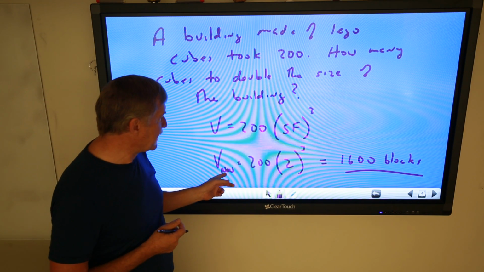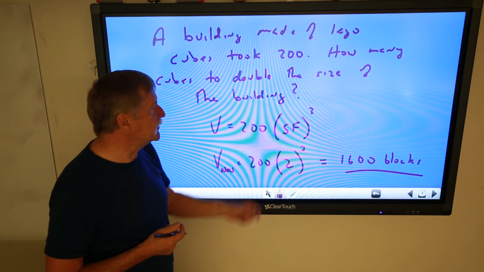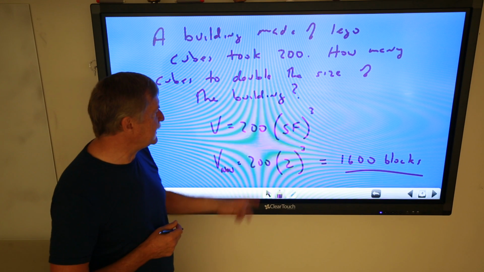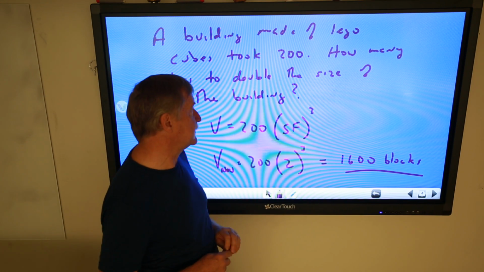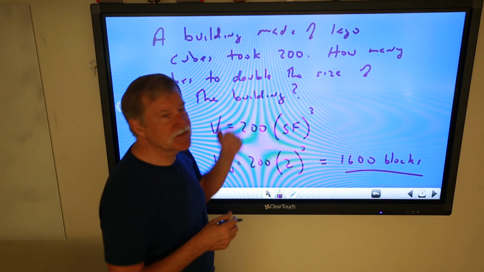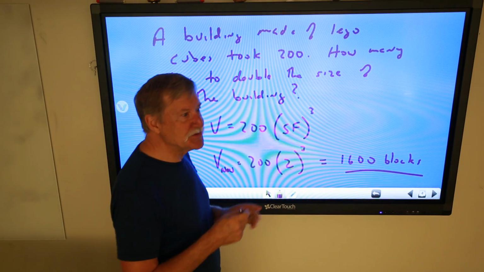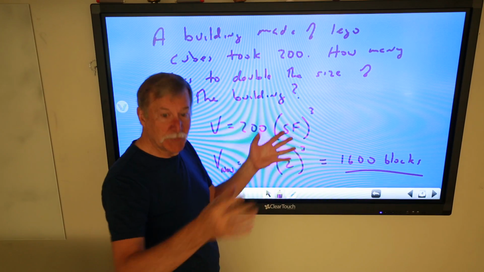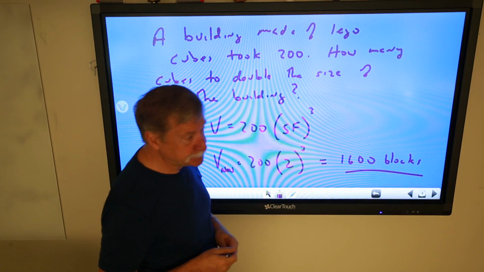The volume now is 200 times 2, the scale factor, to the third power. 2 to the third power is 8, 8 times 200. You're going to need 1,600 blocks. You can't go out and say, oh, I'm going to double the size, so now I need 400 blocks. No, it doesn't work that way. Because you're doubling all 3 dimensions, you're going to need a whole lot more blocks to do that.